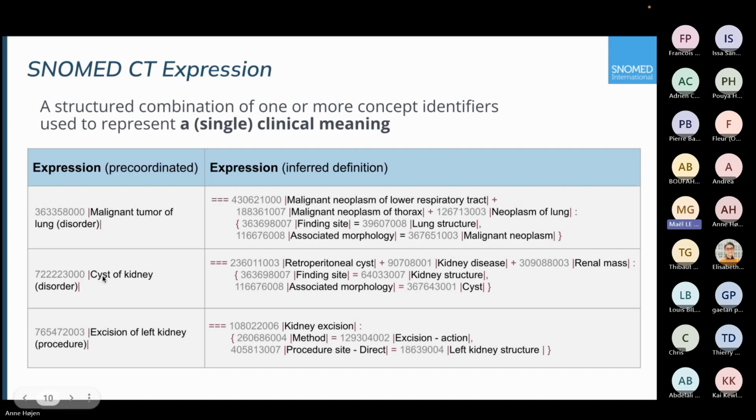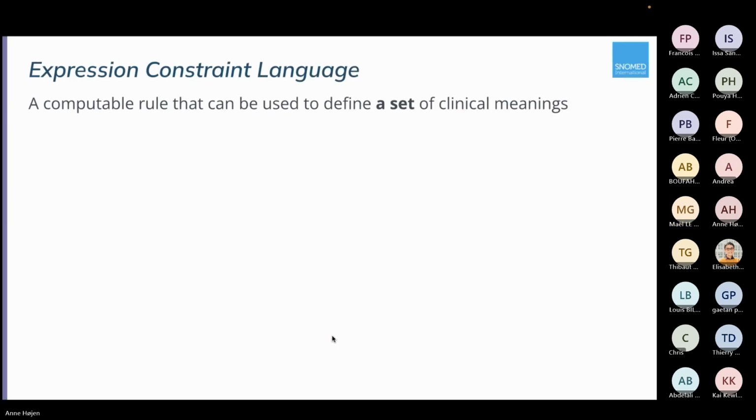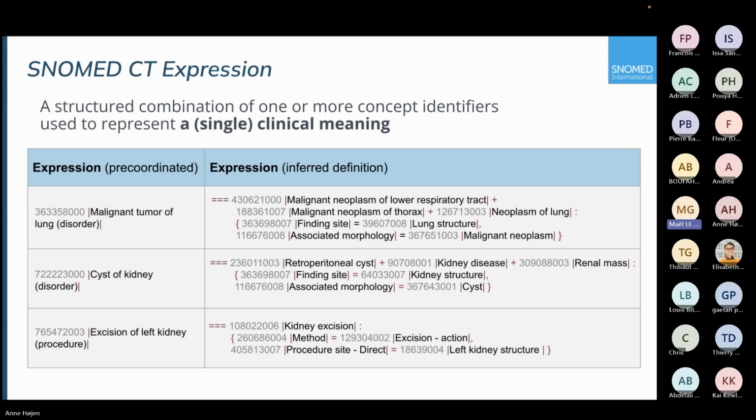And it's the same for cyst, excision, and for any concepts in SNOMED CT, we have a corresponding inferred definition. So when we talk about pre-coordinated concepts or pre-coordinated expressions, that's just an expression using a single identifier. But you can also have a full expression, or in this case, the expression representing the inferred definition.